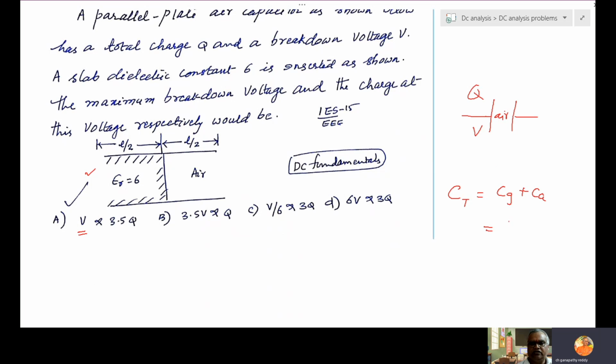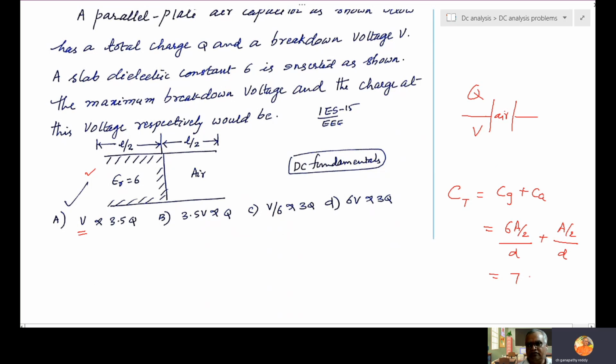But what is C_G? Epsilon R will be 6, area will be half, A by 2D same, plus A by 2D same. So this is nothing but 6 plus 1, 7.